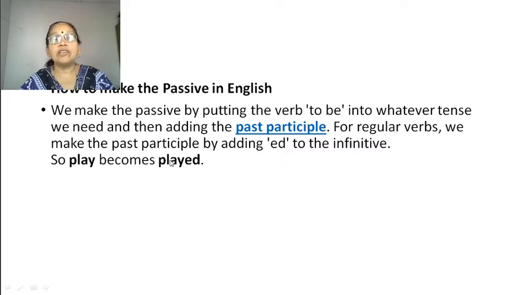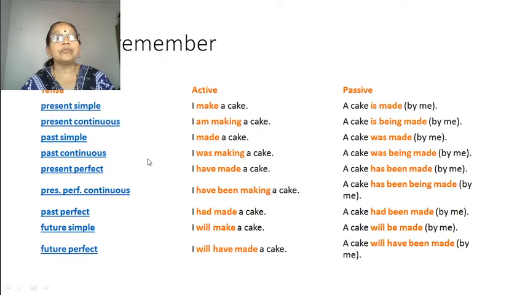So play becomes played. Third part of the verb, that is past participle. So here, how to remember all the rules when we are making active sentences into passive. So these are the tenses. Let us see how it changes.